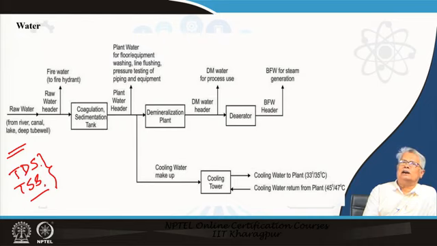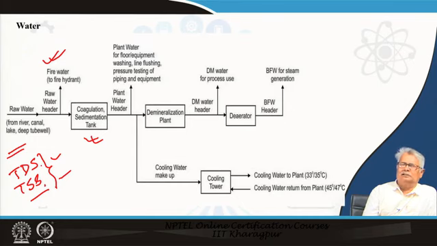Water is used for firefighting, which can use this water directly. So, naturally you have a fire water header network to which it will be pumped. You will definitely have to reduce the TDS and TSS in a coagulation and a sedimentation tank.